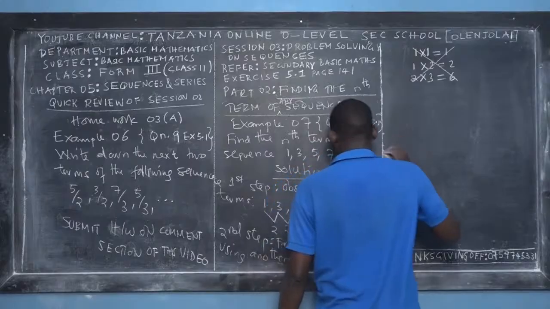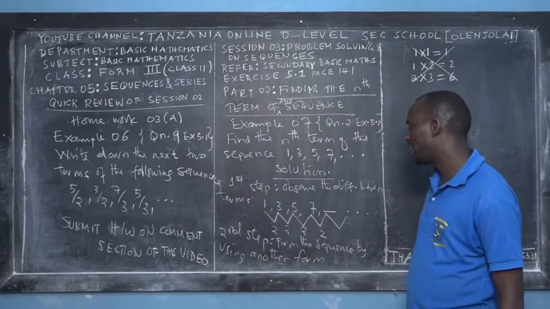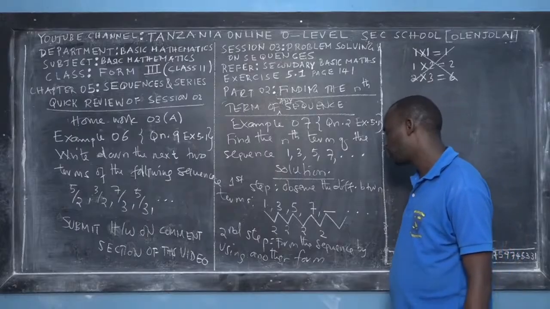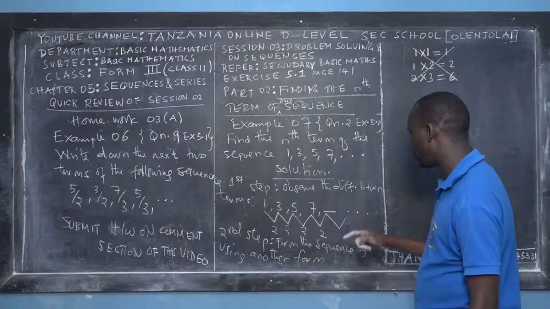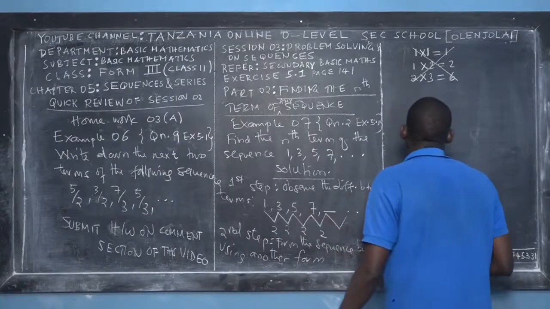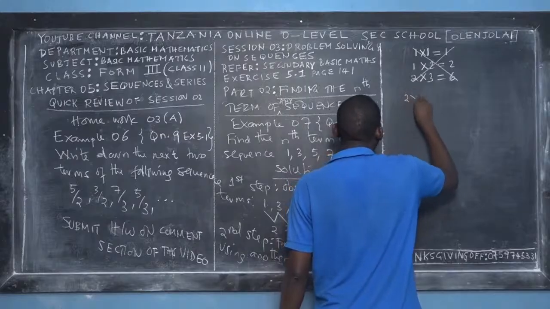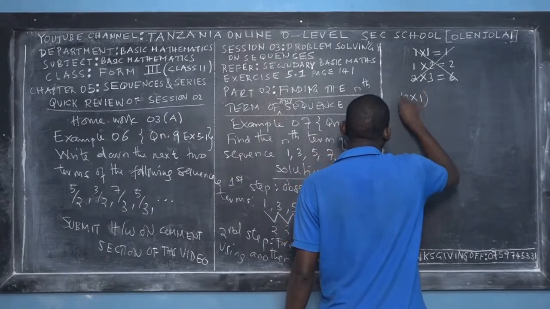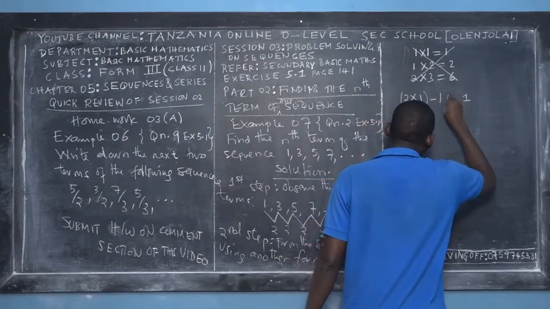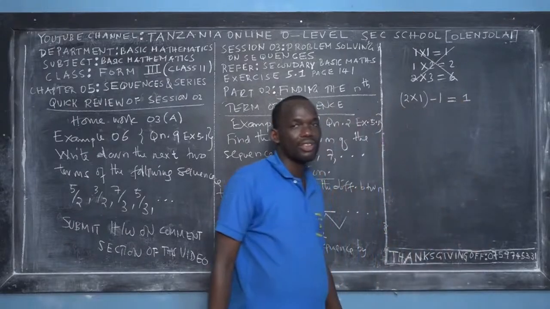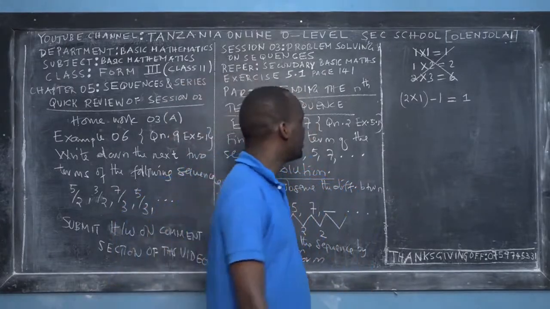The way we can form the general term is to use another form. In this other form, we take 2 times 1, and then subtract 1, we get 1. You can ask yourself, how did you know that this is the way to go?